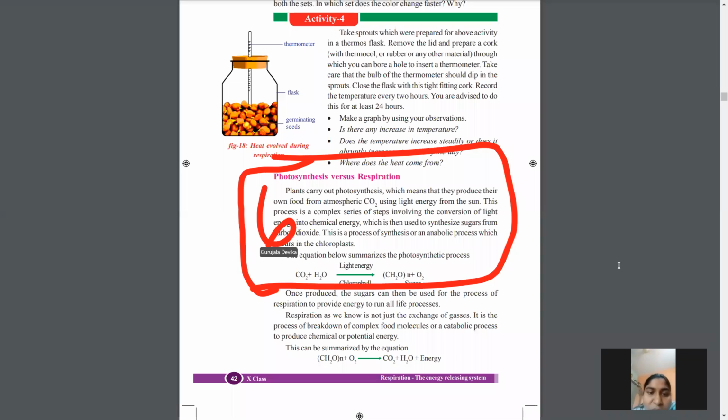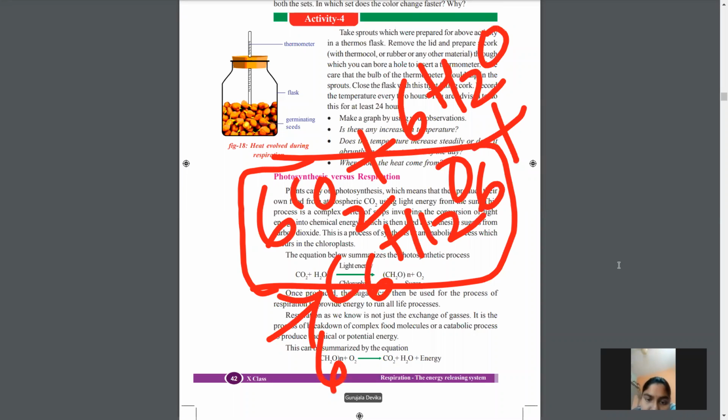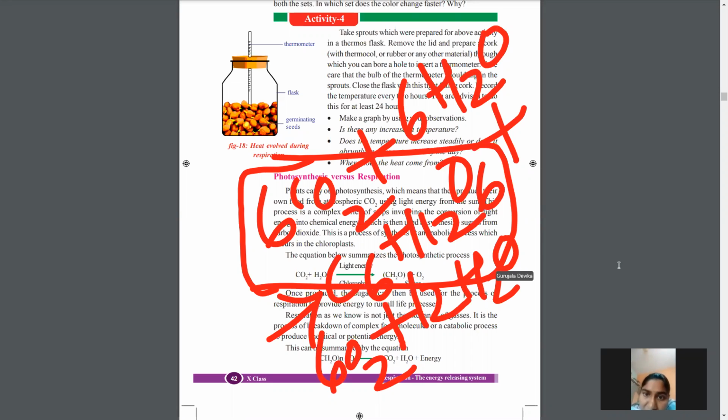So the photosynthesis formula, we know, is 6 CO2 plus 6 H2O gives rise to C6H12O6 plus 6O2 plus 12H2O. So this is an endothermic reaction.